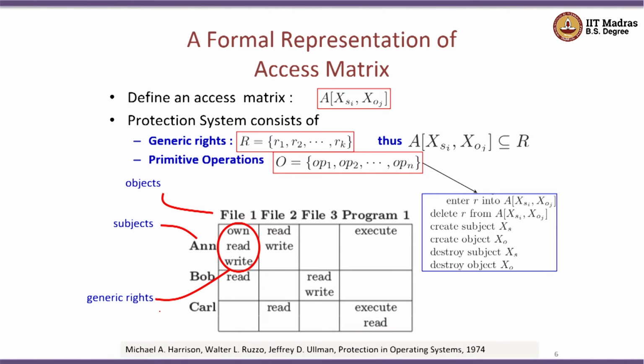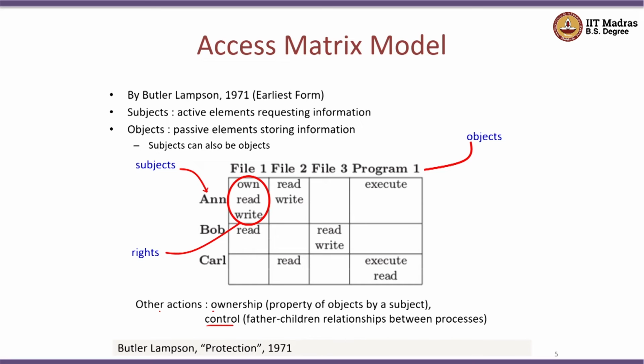Right. So typically, while this is the easiest way to understand the access control matrix, especially the discretionary access control policies, it is not very efficient to implement, because quite often this matrix would be quite large.